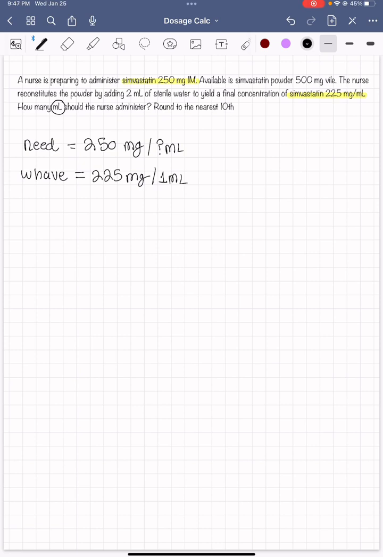So, let's talk about what we have, which is going to be 225 milligrams in 1 milliliter. And that is going to be equivalent to 250 milligrams with an unknown milliliter.